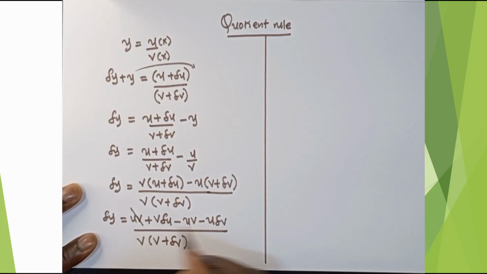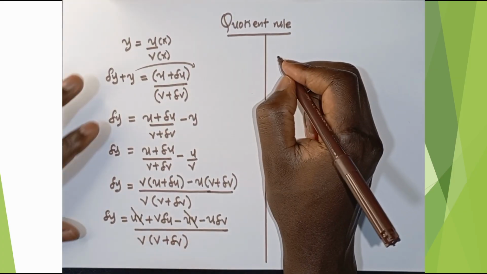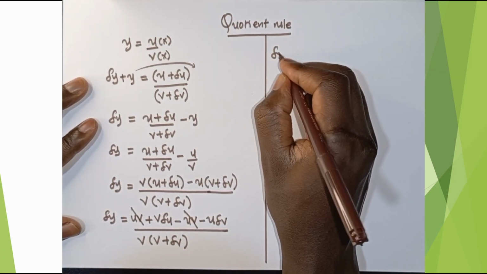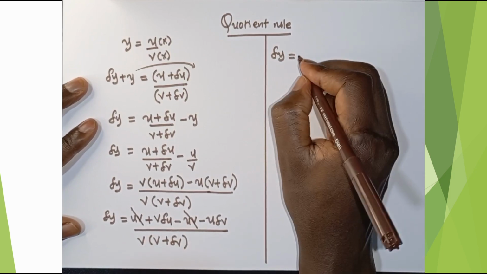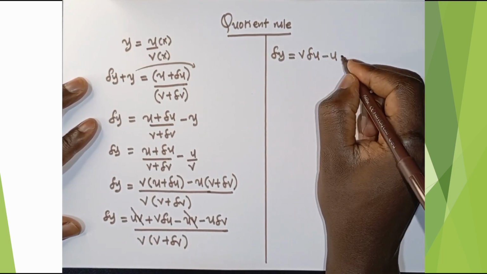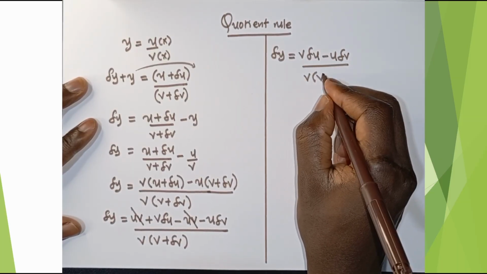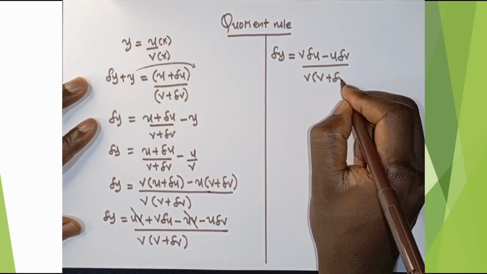If you clearly see, this can cancel with this. So when they cancel, we remain with delta y is equal to v delta u minus u delta v out of v into v plus delta v.